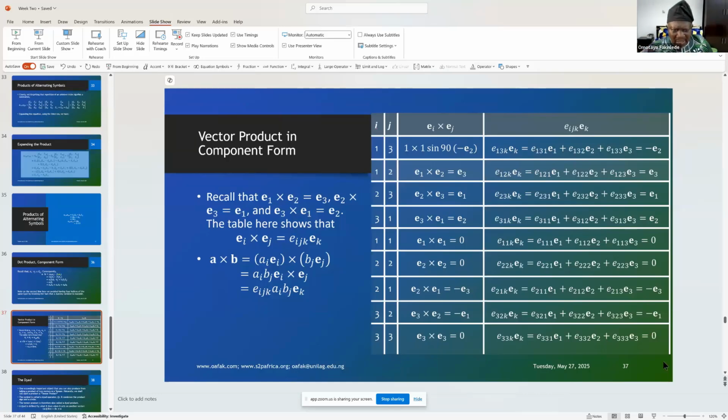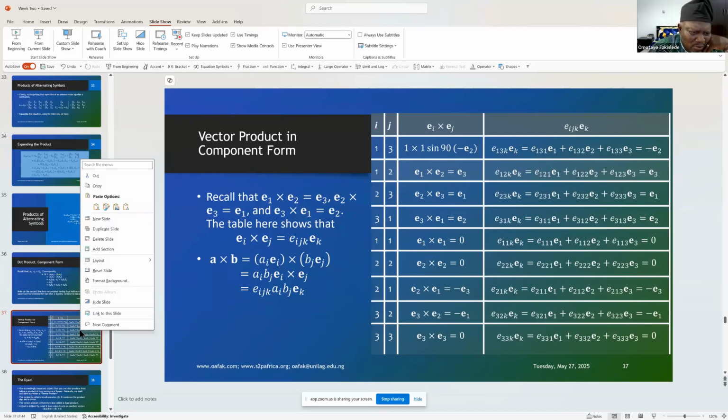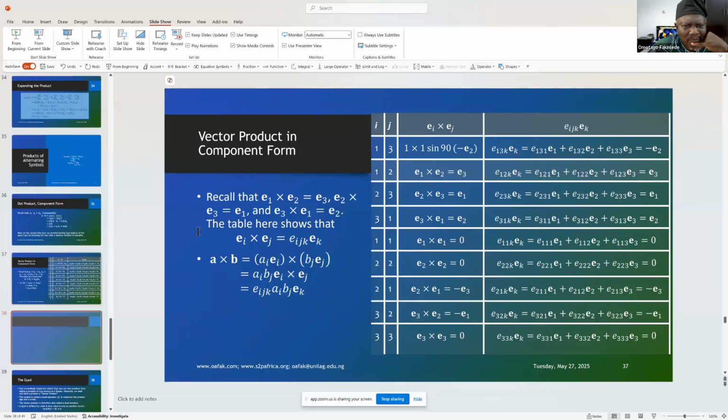And I think what I'm telling you here is something that should be proved. So let me just duplicate this slide and prove it instead of just telling you, because you will just say, but you said. Let's duplicate this slide.